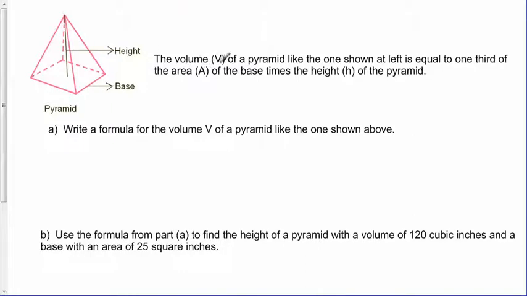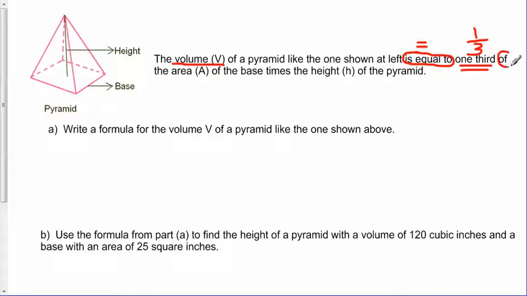So the volume V, they've told us the variables that we're going to be using, so let's mark those up. The volume V of a pyramid like the one shown at left is equal to. When I see words like "is equal to," I'm going to use an equal sign. Now I see this word 1/3, and I know that mathematically I can write that as 1/3.